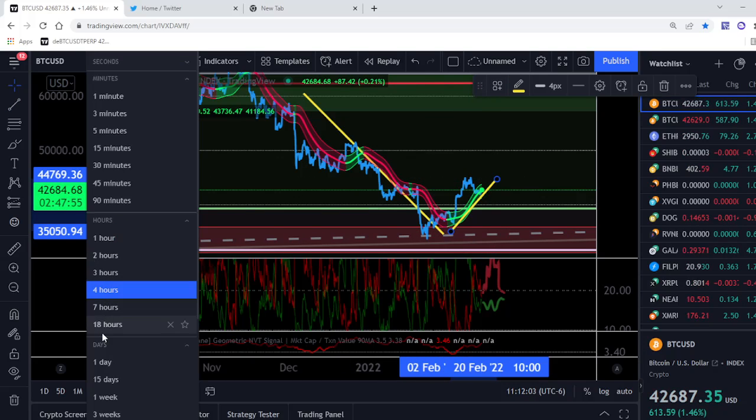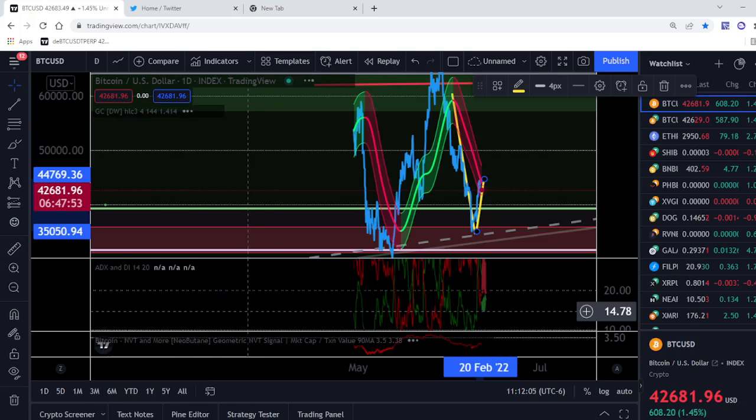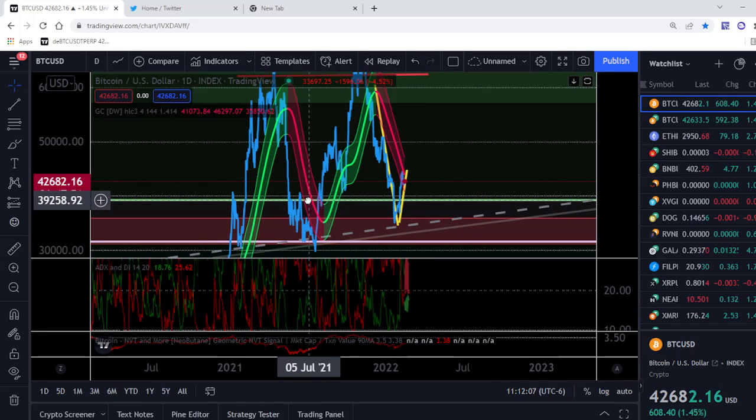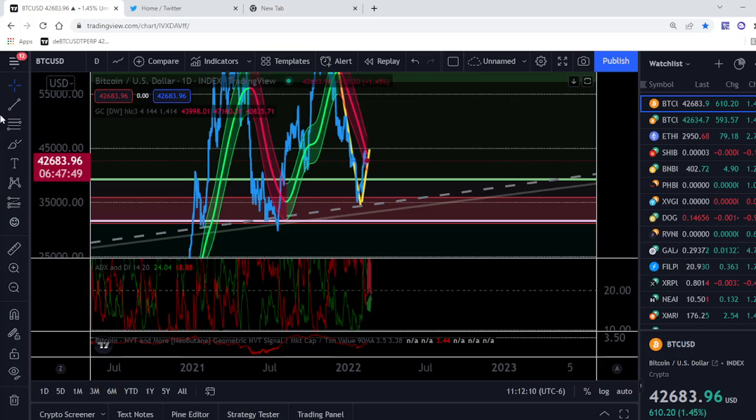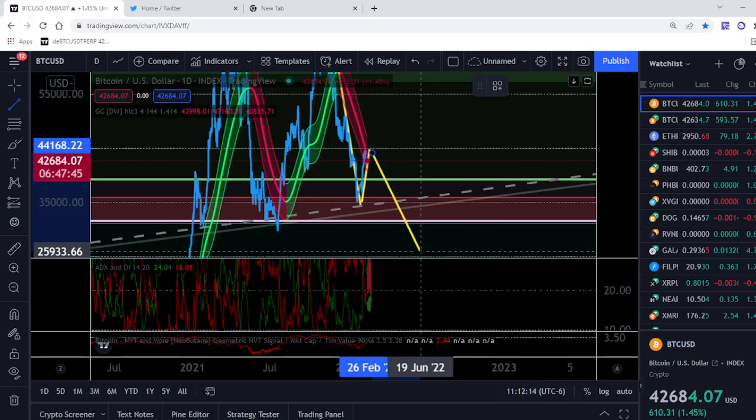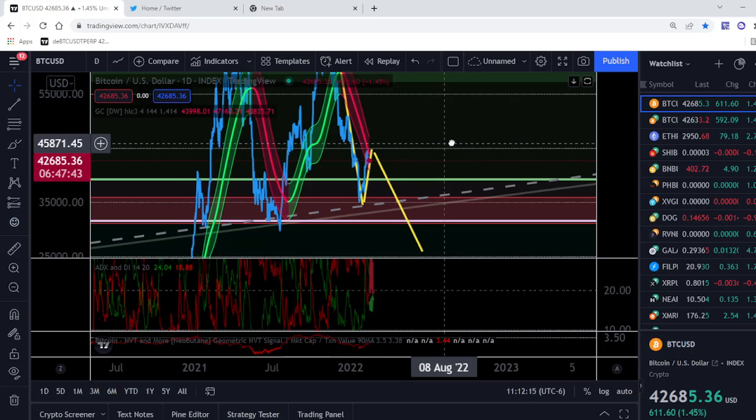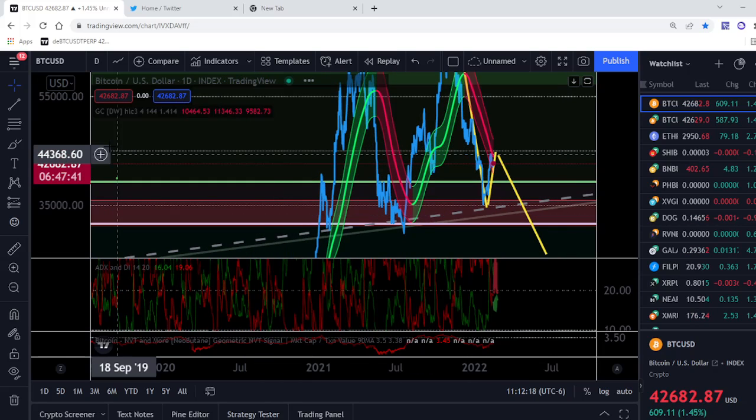Gotta zoom out even more. I think it'll look something like that. Like we haven't finished this wave yet.